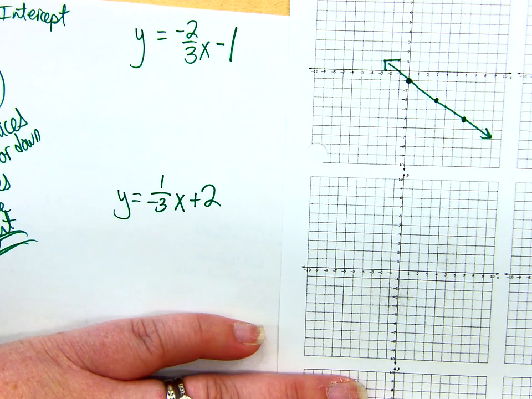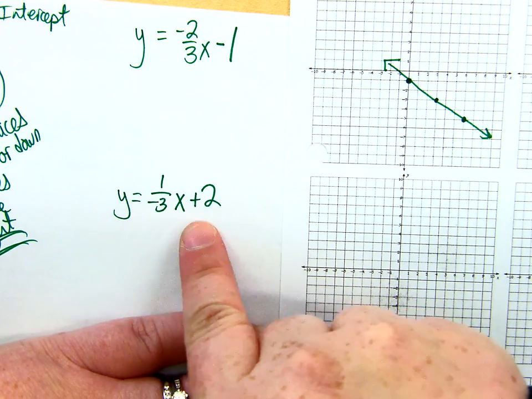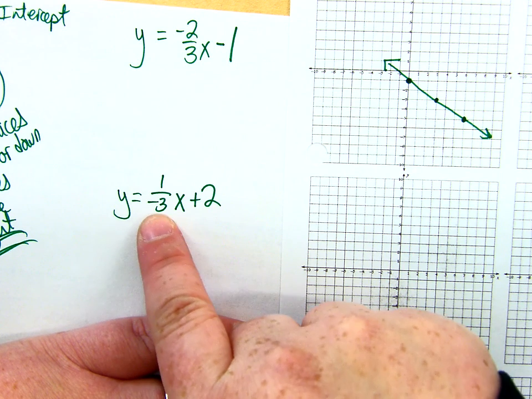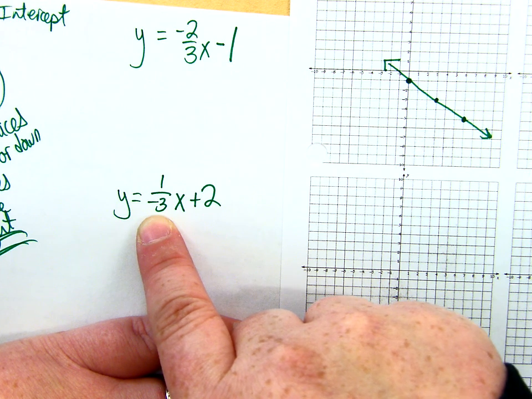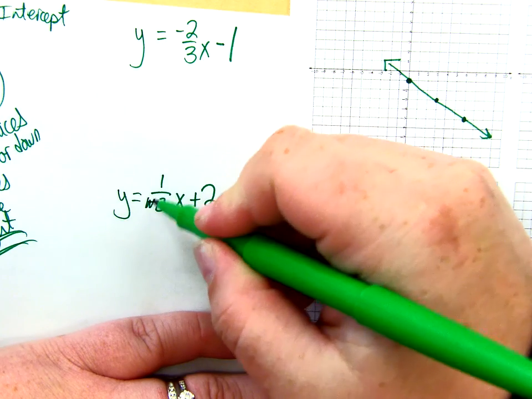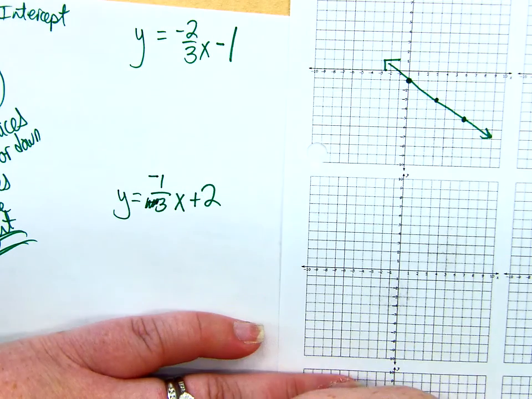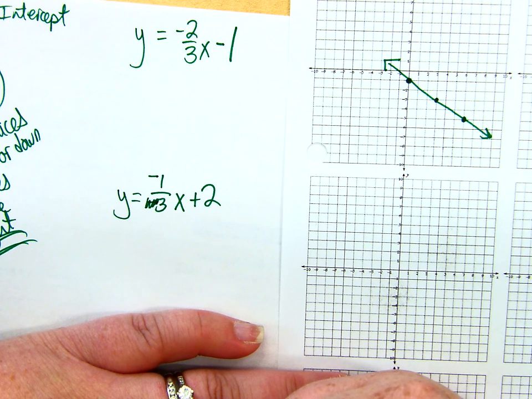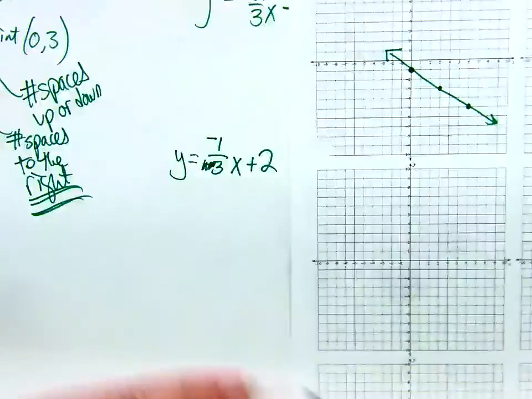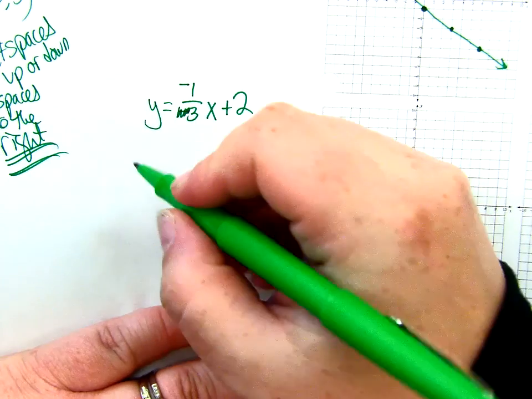What I personally would do with this thing before I did anything else, I can't stand that there's a negative in the denominator. I would move it straight upstairs. So I would cross out that negative down there, and I would move it up top. If you have a negative in a fraction, all of these fractions are exactly the same.